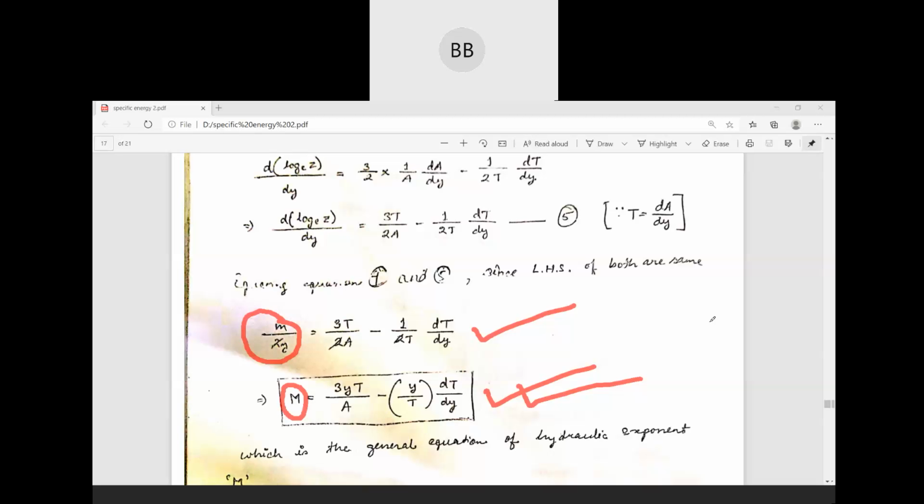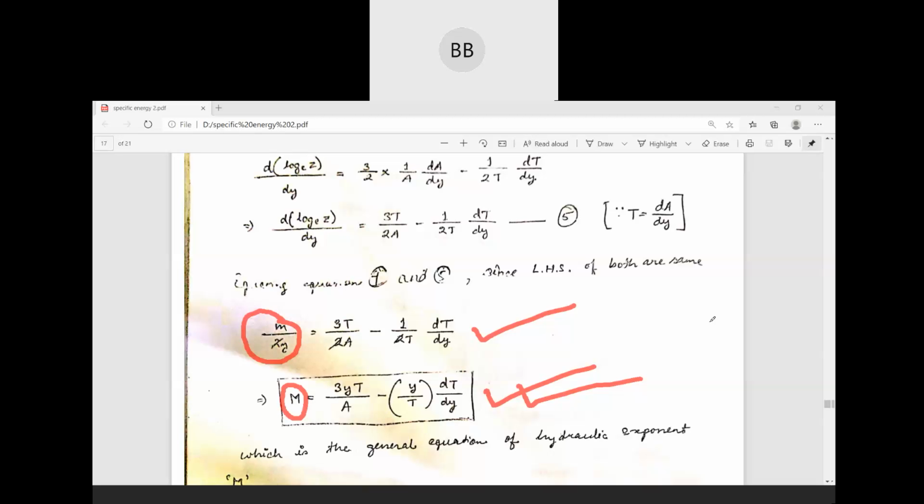Then you have to bring that section factor, that is Q by root over g, and you replace that Q by root over g by a section factor, that is your capital Z. Then you have that equation for Z square equal to C y to the power m.